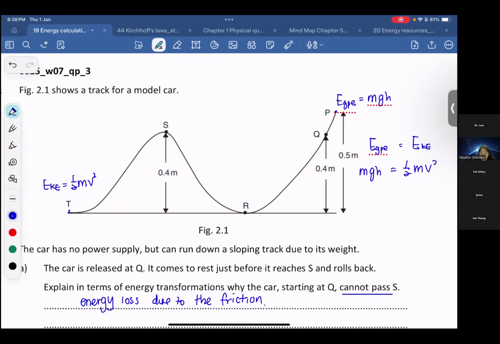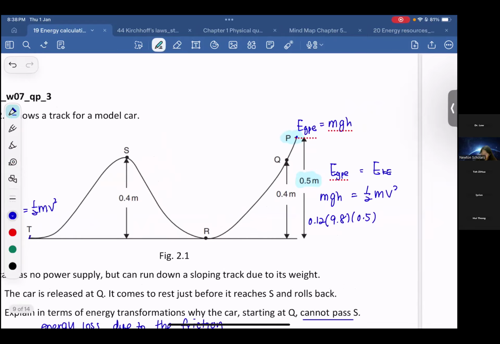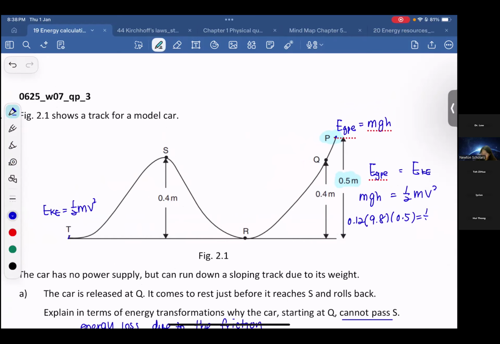The second car has mass 0.12, so 0.12 times 9.8 times the height, which is 0.5 because it is at point P, equals 1/2 times 0.12 times v squared. So what is your v?